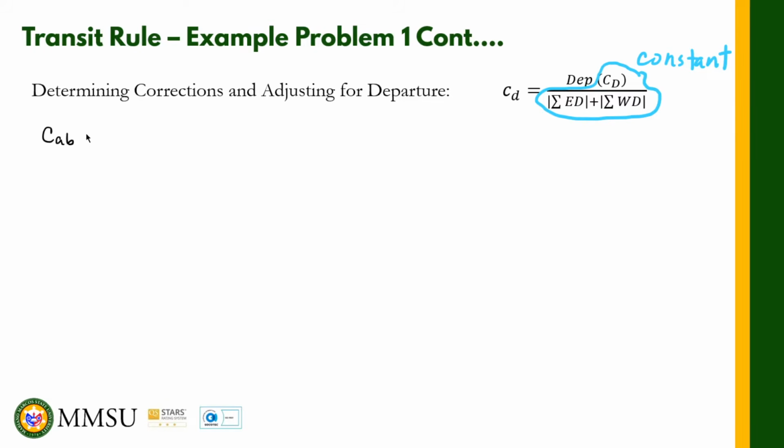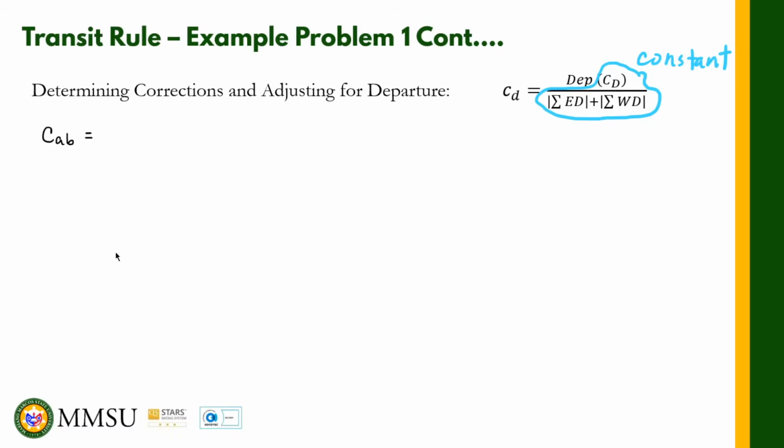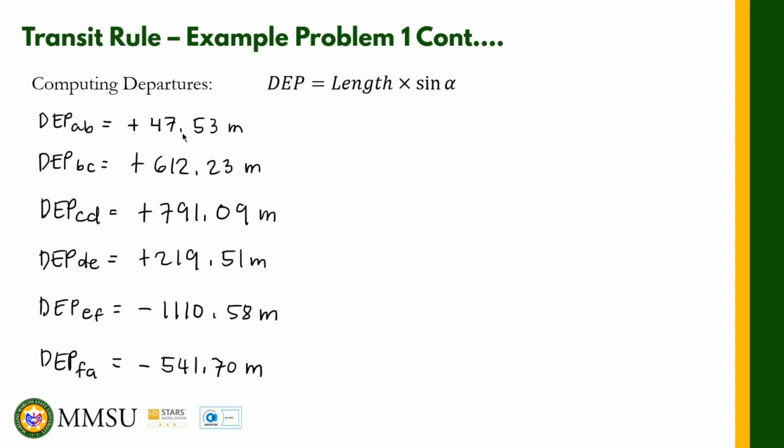The correction at AB is equal to the departure of AB. The departure of AB is given, and it's here. The departure of AB is 47.53 meters. Okay, so we have 47.53 meters. Let us write that here.